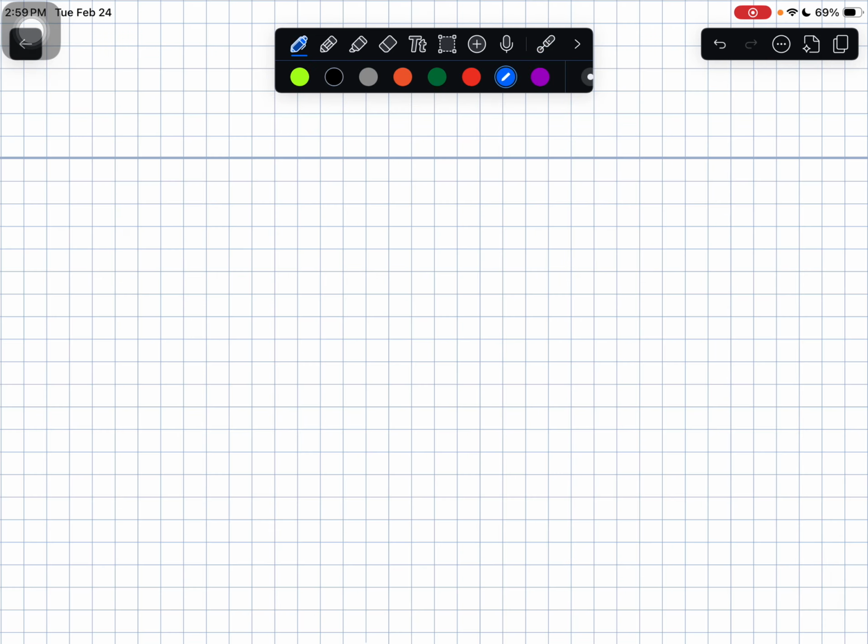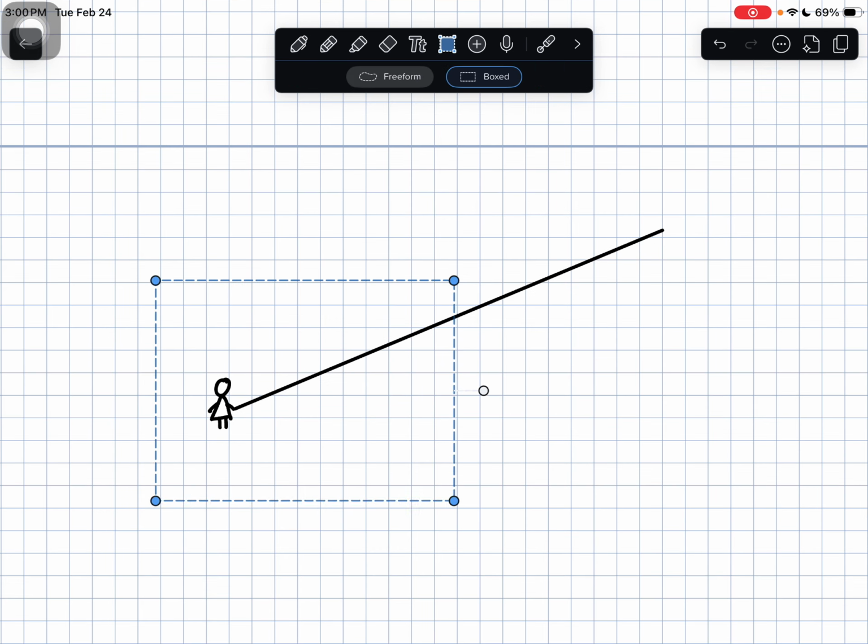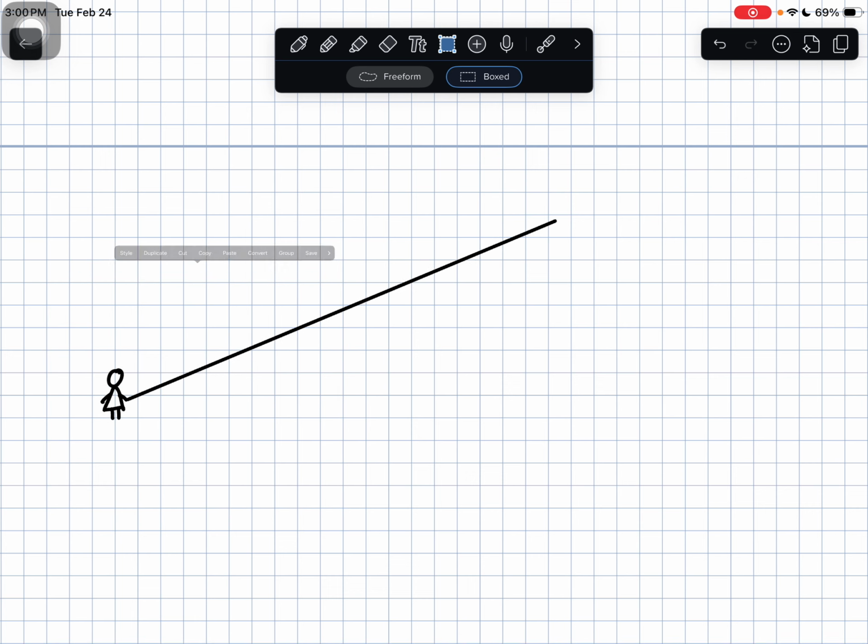Let's do that. Here's the setup. We have a person here, and this person holds the kite. So the string is stretched. The kite flies horizontally. This is the ground.